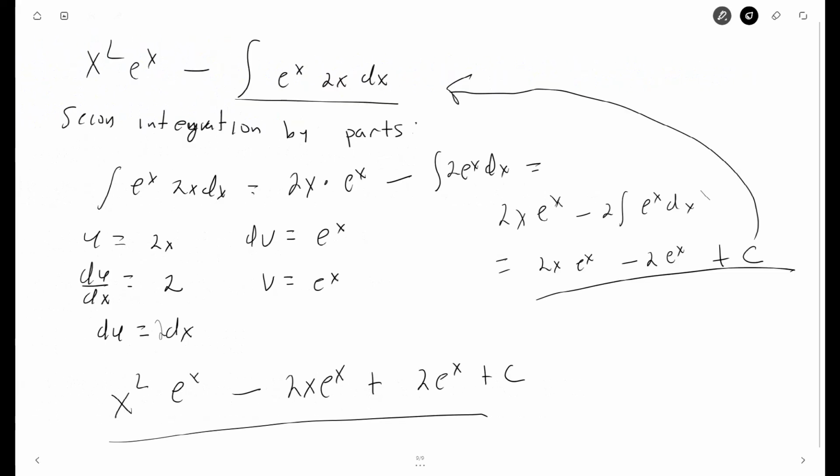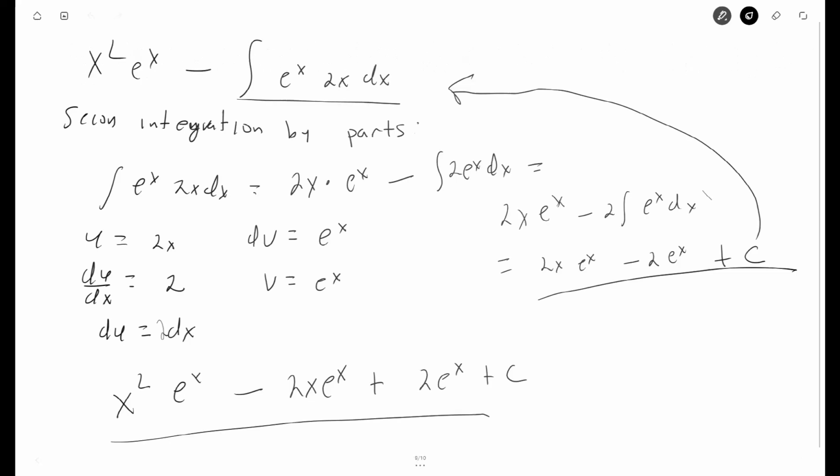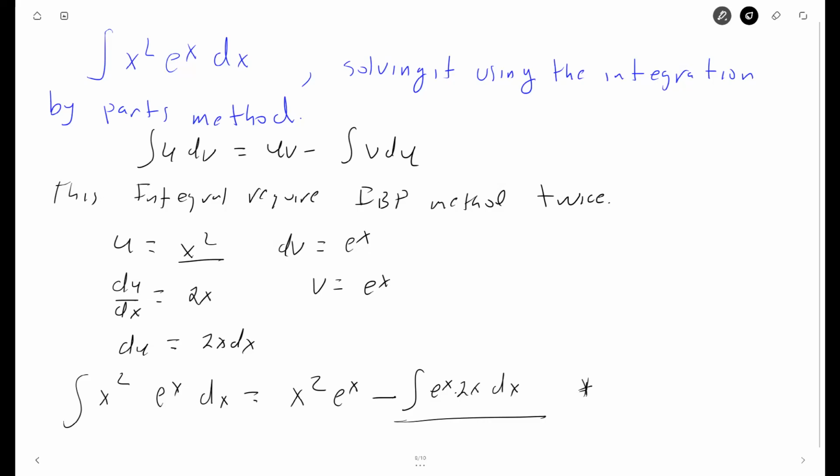So we say that the integral of x squared e to the x dx is equal to x squared e to the x minus the integral of e to the x 2x dx, and then we substitute this.